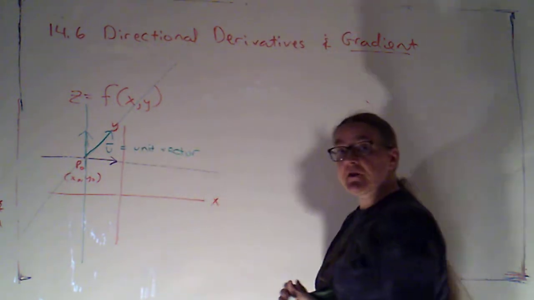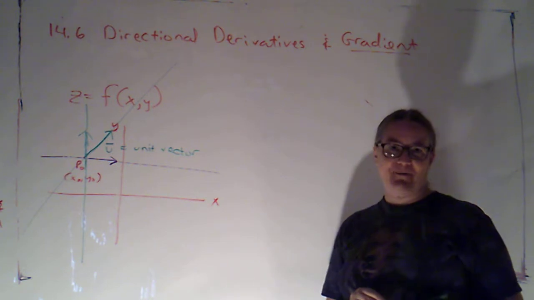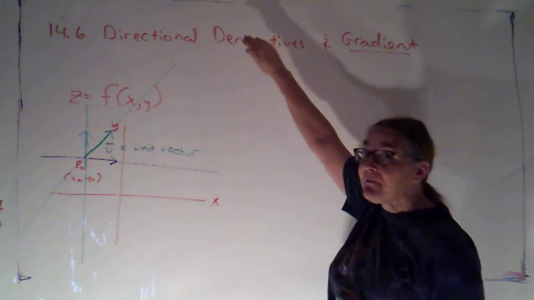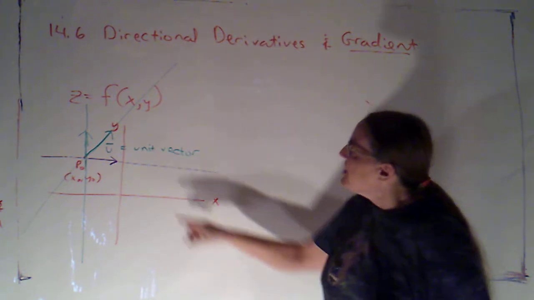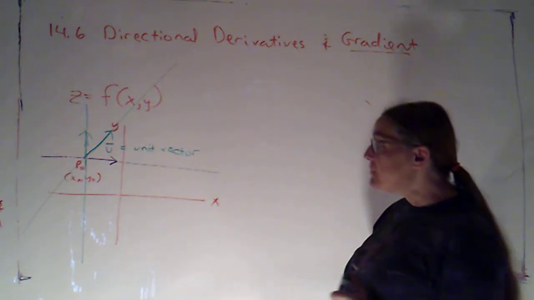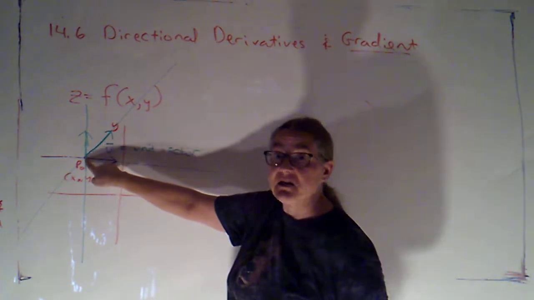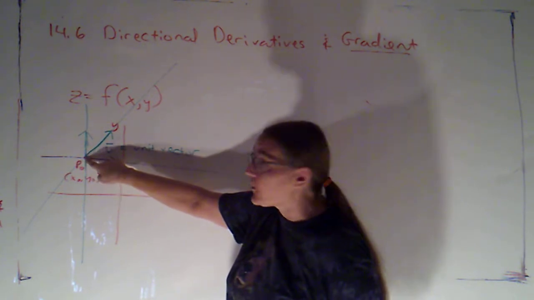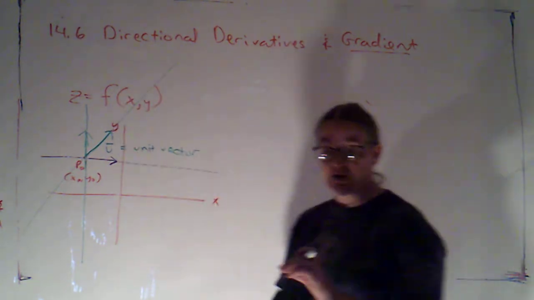I'm going to make sure that I parameterize my line using an arc length parameterization, because I don't want the speed with which I parameterize the line to screw up my results. Okay, so I'm going to let u be a unit vector, and I'm going to place it with its tail at point P naught, so that I'm going to parameterize my line as starting at P naught. P naught will be my starting point. u will be my direction vector.